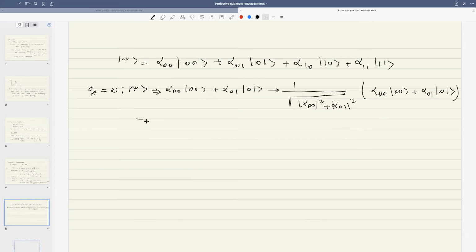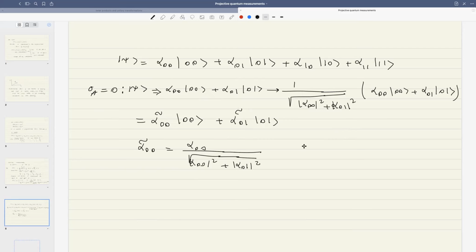So let me write it as alpha tilde 0,0, alpha tilde 0,1, where alpha tilde 0,0 is just alpha 0,0 divided by this square root, and alpha tilde 0,1 is alpha 0,1 divided by that.